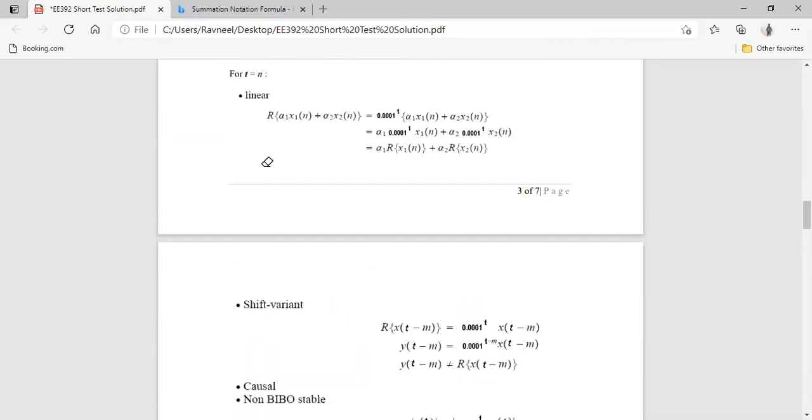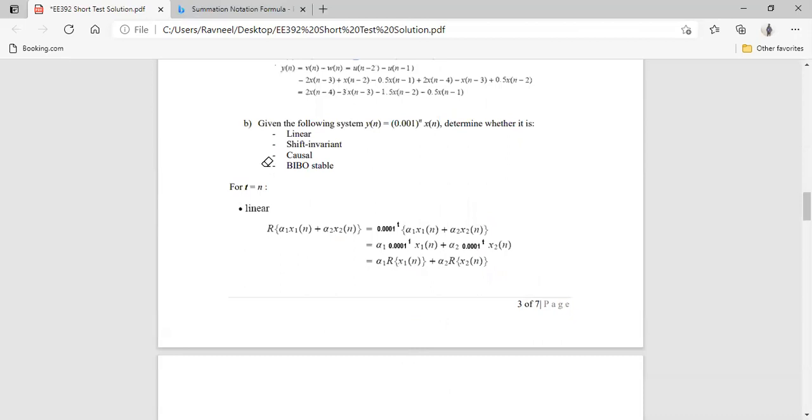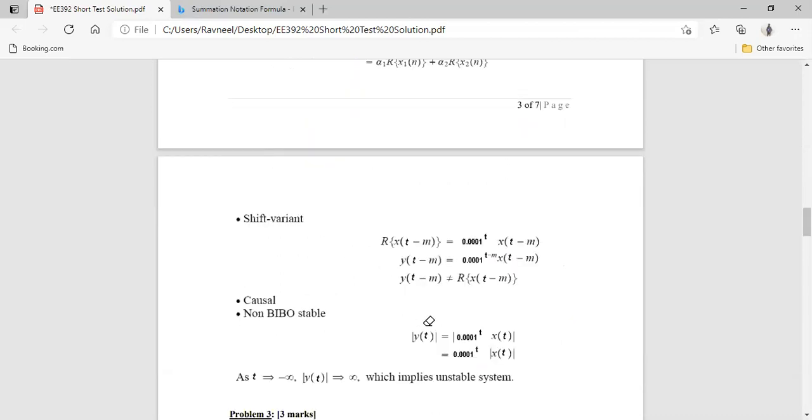Whether the system is BIBO stable or not, right? What we do is we test the stability. When there is a bounded input, there should be a bounded output. So in this particular case, if we bound the input, we bound the output, we get this, right? So we can see if we bound the input, the system is not stable.